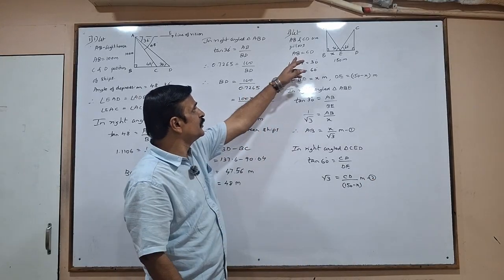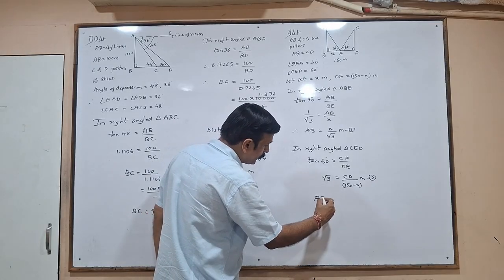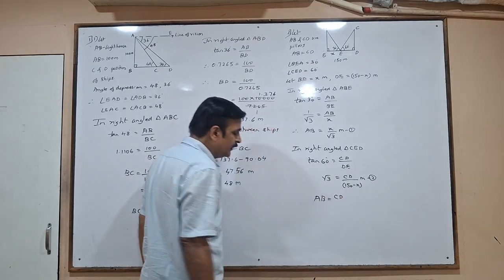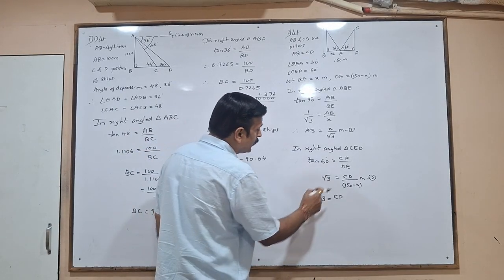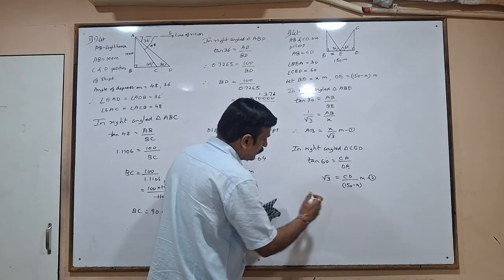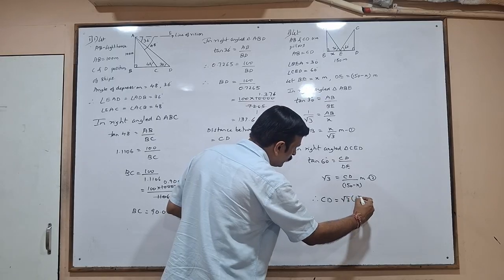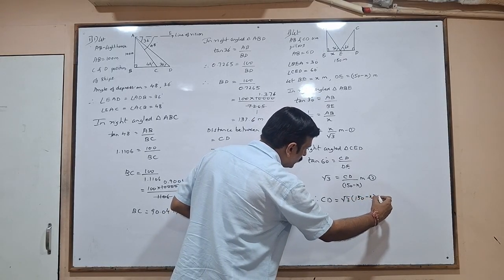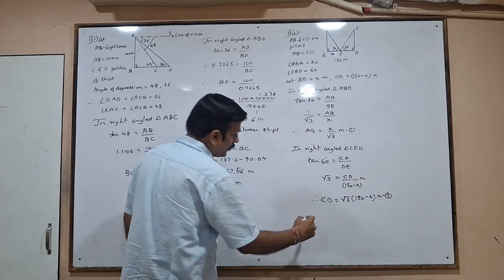It is given in the question that AB is equal to CD. So AB is equal to CD because the pillars are of same height. So automatically, CD will be root 3 into 150 minus x meter. I'll name this as 2.